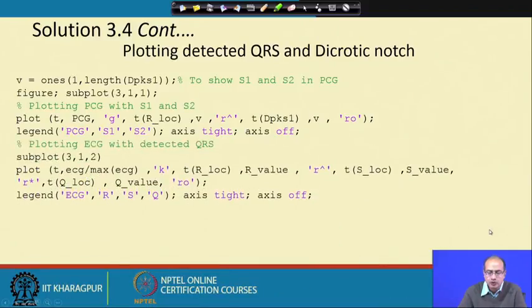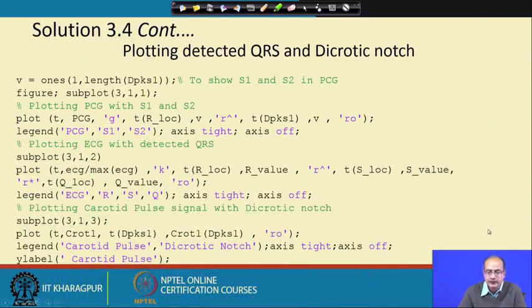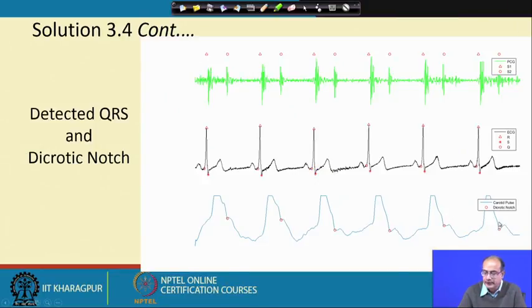Now, we are plotting the QRS and the dielectric notch which are required to do this job. Here we are showing at the top the PCG signal.